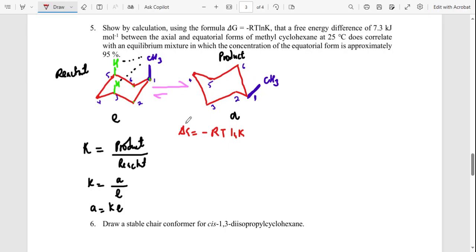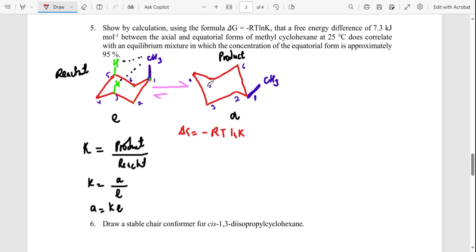So we find delta G by saying product, which is the A, minus the energy of the reactant, which is E. And we've already been given that the free energy difference is 7.3. Now you need to know that the one that is stable is going to have little energy because it's stable.